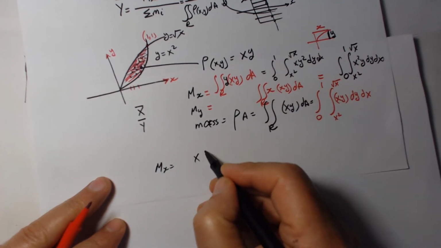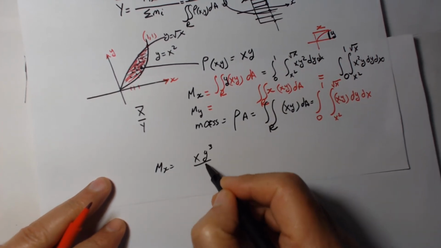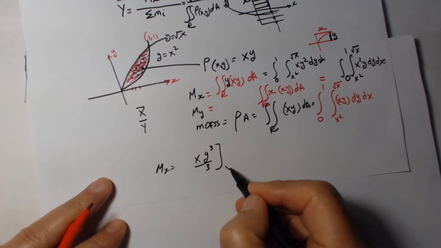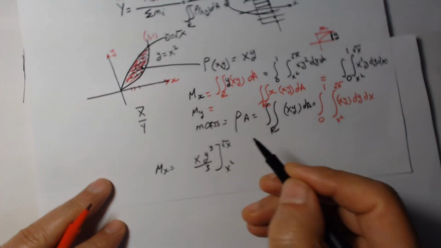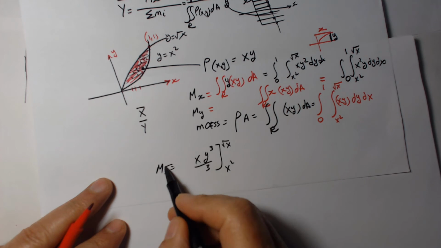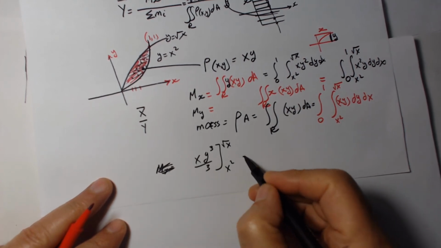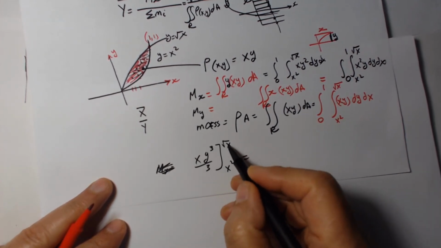That becomes x y cubed over 3 from x squared to square root of x. Let's scratch this and take care of this first. This is x to the power of 3/2.